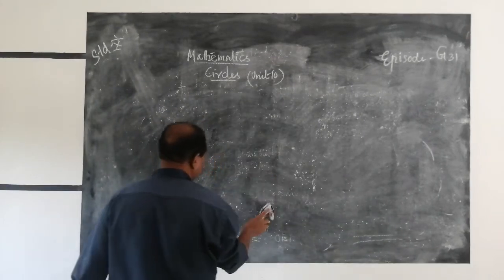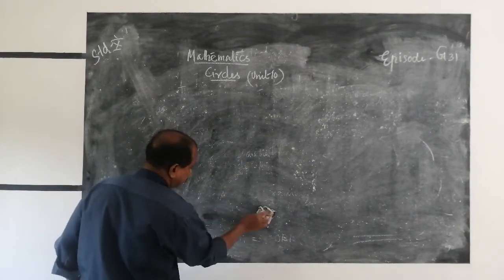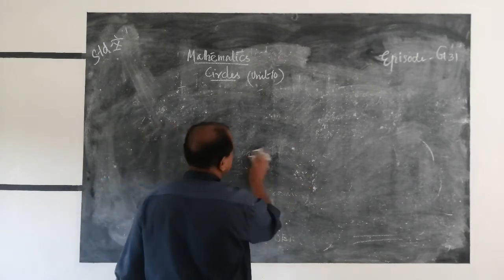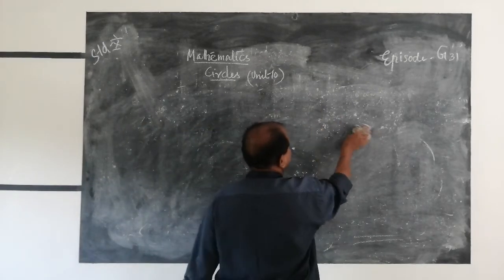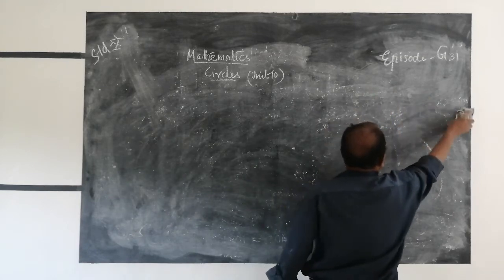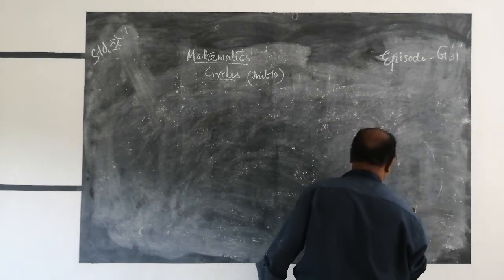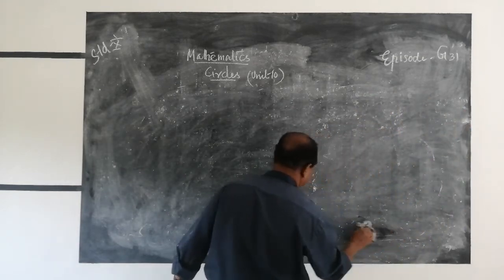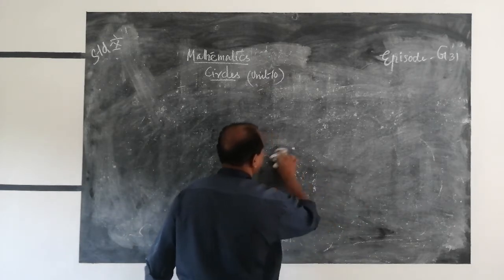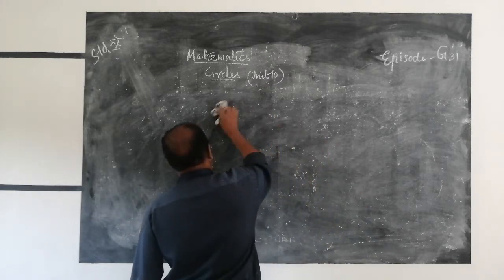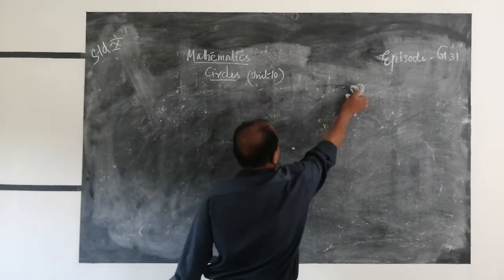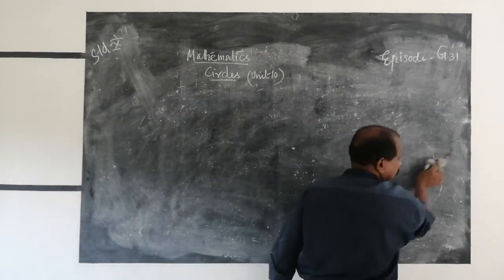Then let us consider problems from the exercise. The first exercise is objective type questions, that is true or false questions or fill in the blanks questions. That is exercise 10.1. All questions are simple.